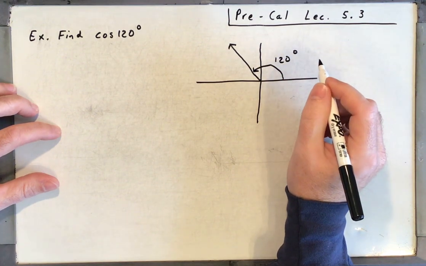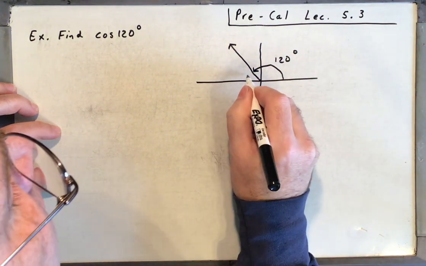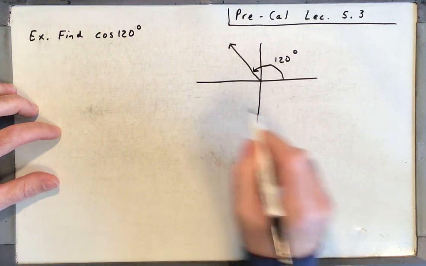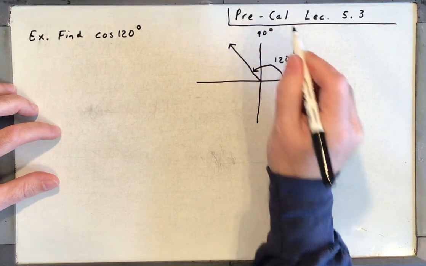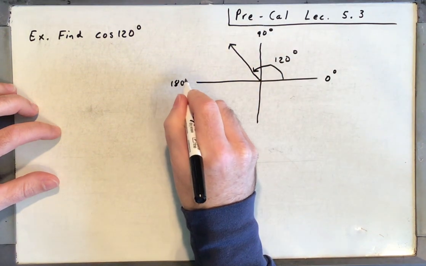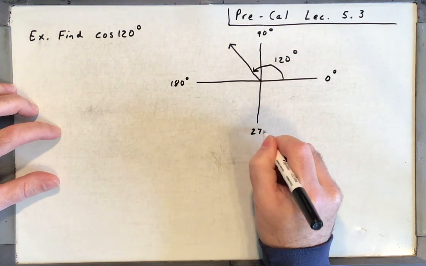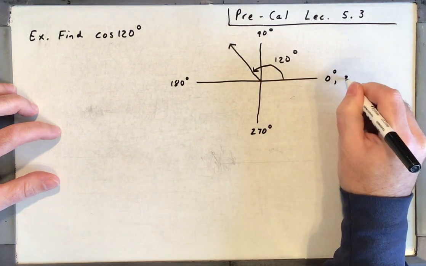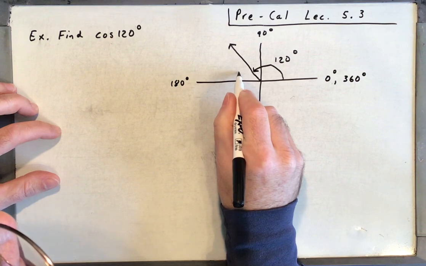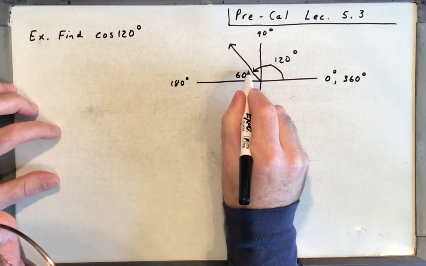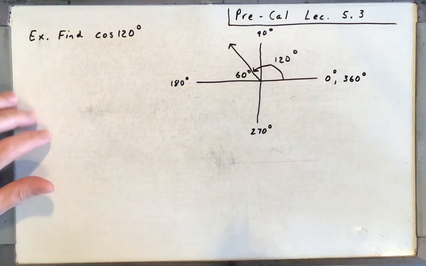So if this is 0, 90, 180, 270, and then back to 360, what's left is 60 degrees. So our reference angle is 60 degrees.